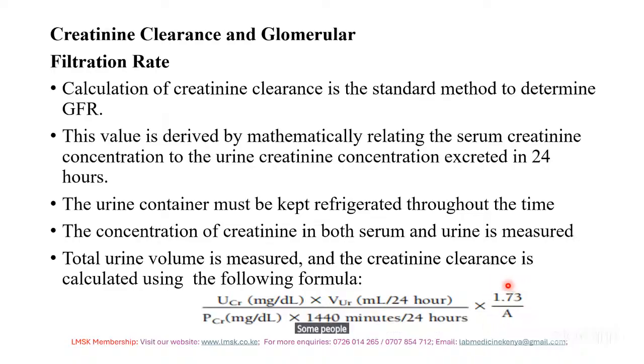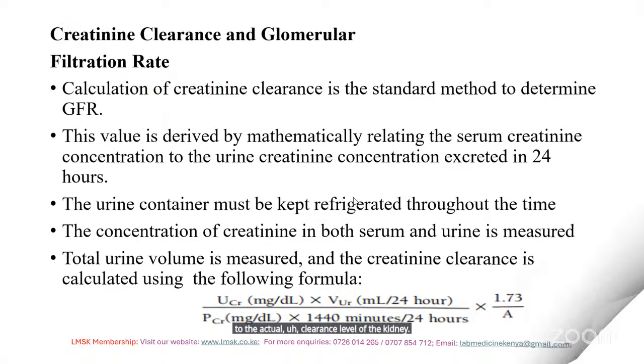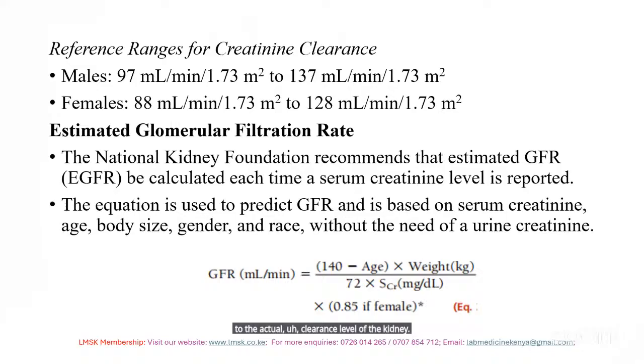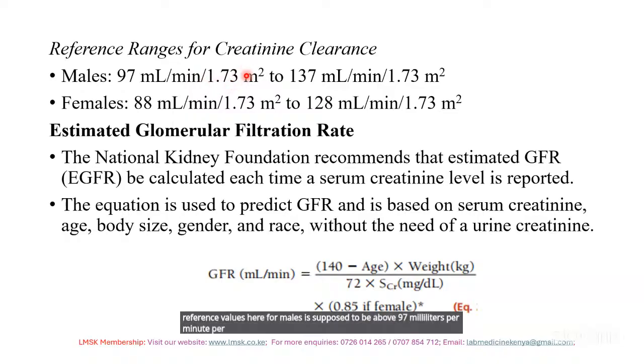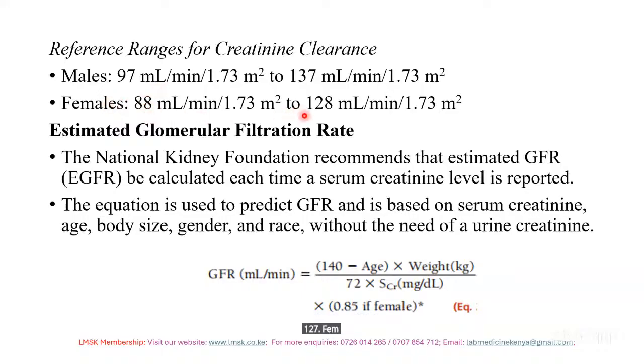Some people are obese, others are thin, so you want to correct that so that you have a value as true as possible to the actual clearance level of the kidney. Reference values for males are supposed to be above 97 milliliters per minute per 1.73 meters squared, up to 137. Females are a little bit lower, of course, as a correlation to the muscle mass.